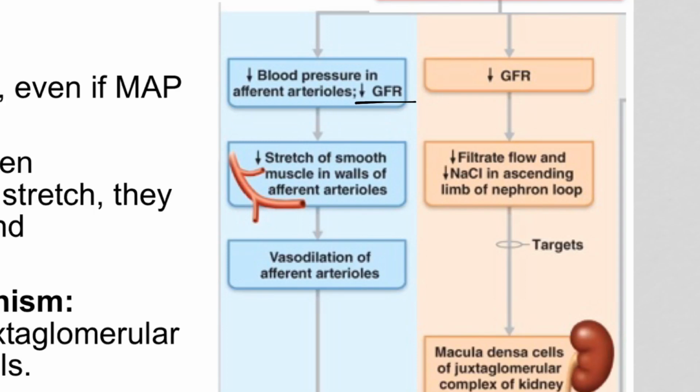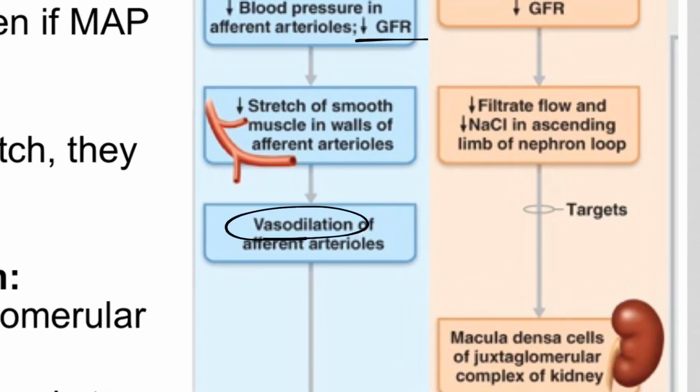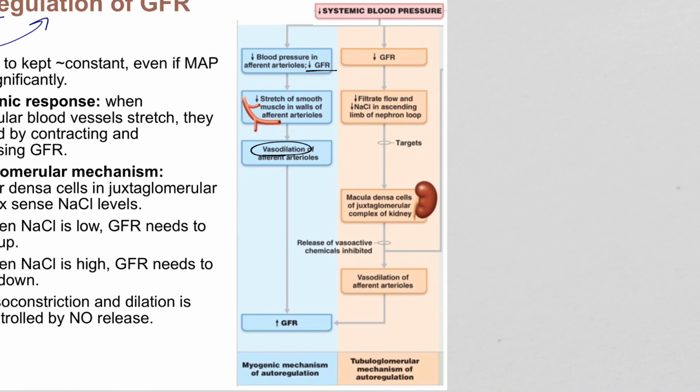And so if systemic pressure is down, the way that this is monitored is stretch receptors in the wall of the afferent arteriole will realize that they're not being stretched as much. Right? That's the trigger that tells them that pressure's down. If you want to get GFR back up, you've got to let more blood into the glomerulus. The result is vasodilation of that afferent arteriole, which will increase your GFR.